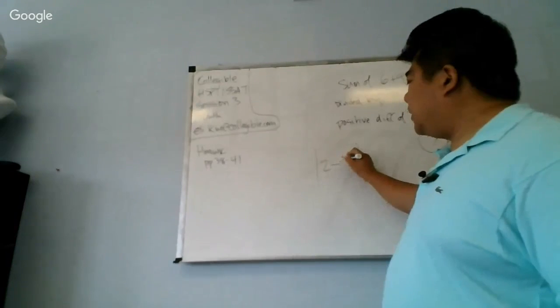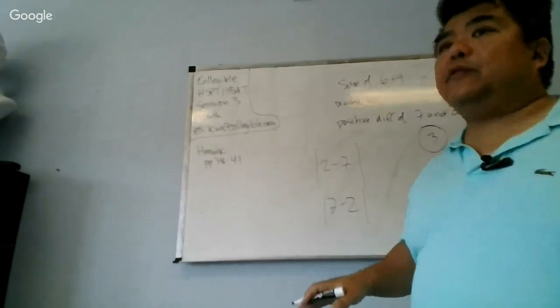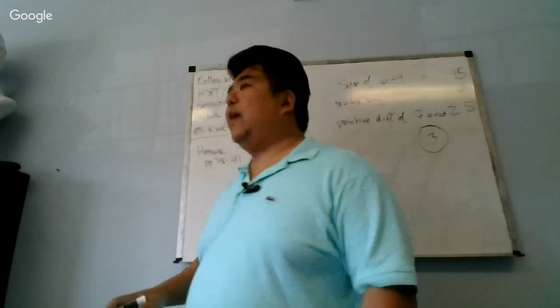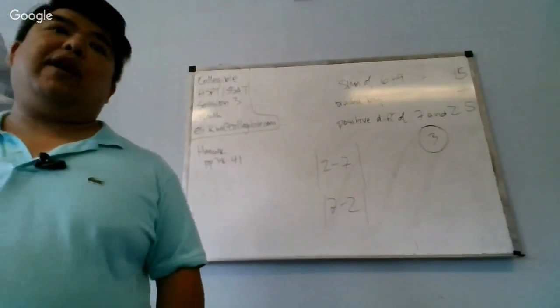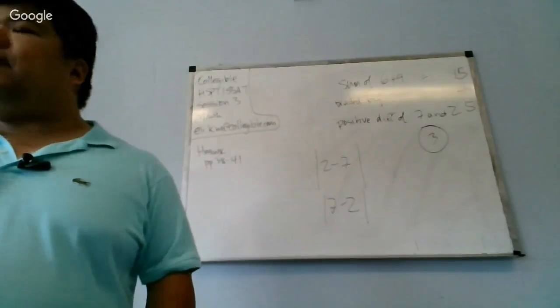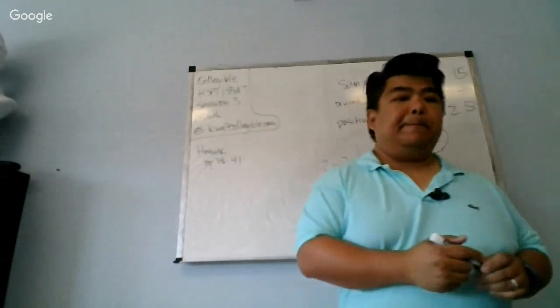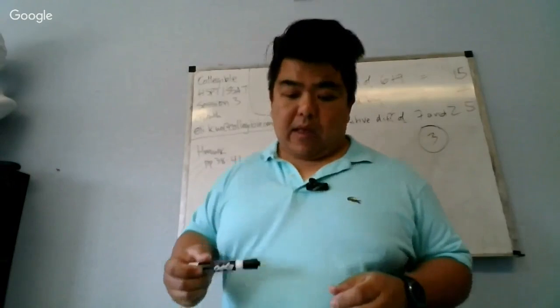So even if it was 2 minus 7 or 7 minus 2, you would take the absolute value. That's correct. So positive difference means take the absolute value of it. So regardless of what order the numbers are, low to high, high to low, after you're done subtracting it, take the absolute value. You don't take it before, you take it after. Okay? You guys get it? Okay, good.